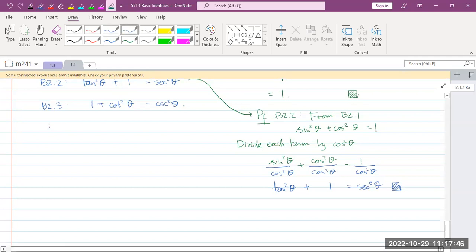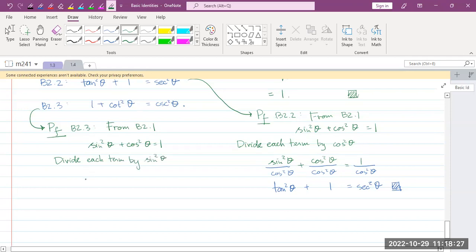Now the third Pythagorean identity, we prove it here. Okay, the proof for B23, we start from the same B21. Sine squared theta plus cosine squared theta equals 1. But this time we divide each term by sine squared theta instead.